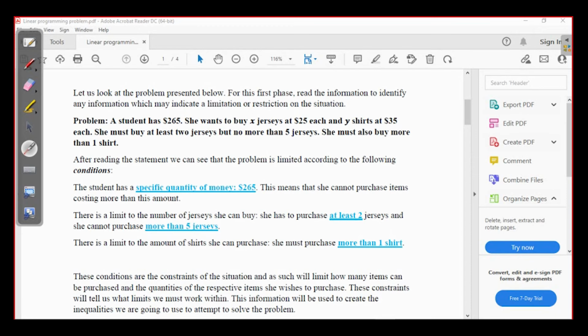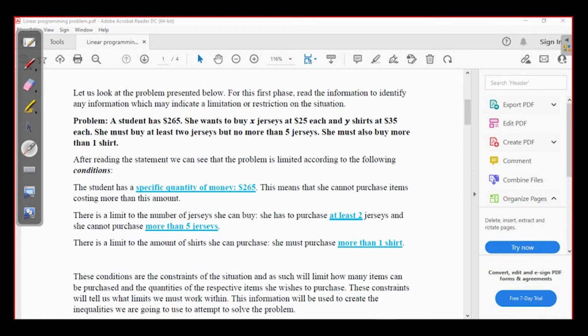All right, so let's start off first of all by identifying what is this unknown that we're working with, because our constraints are going to be focused on some sort of unknown. They're going to be focused on 2 particular variables that we want to get the solutions to.